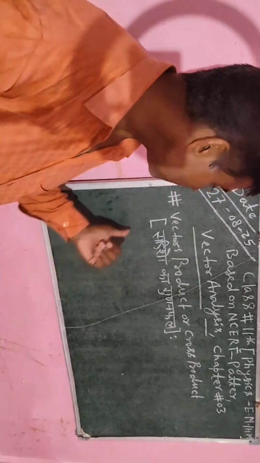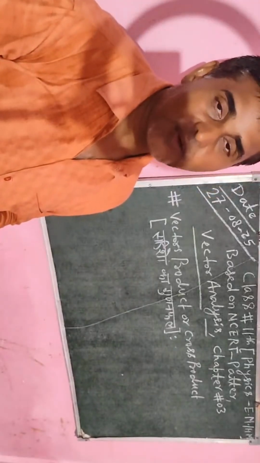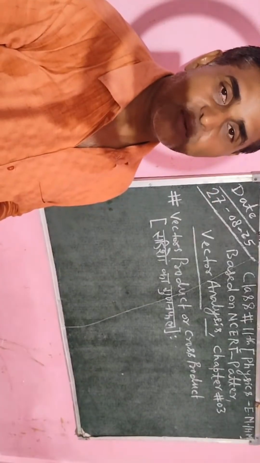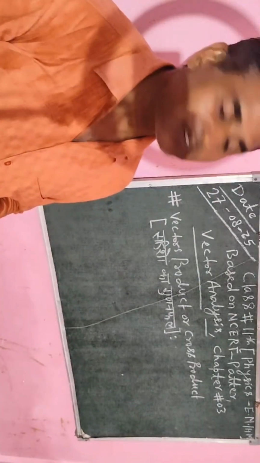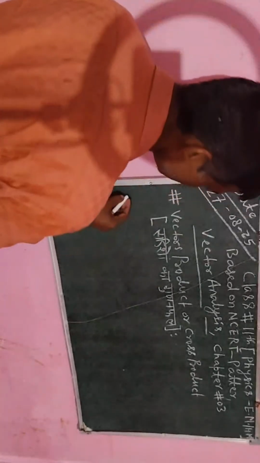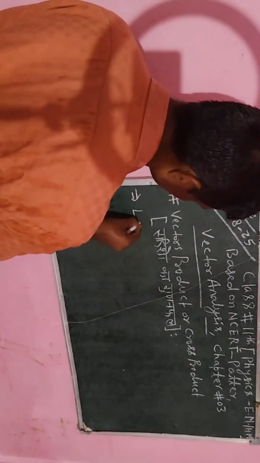First of all, here I will write one vector in general form, that is A = ax i cap + ay j cap + az k cap. Similarly I will write the other vector also.